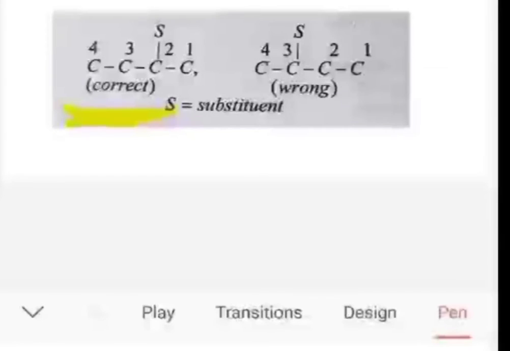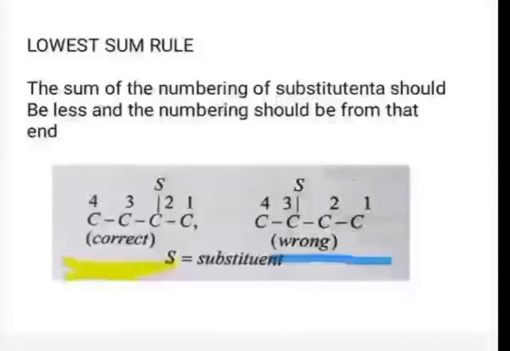Now observe this second one, you observe that the position of substituent is changed from third carbon atom to second carbon atom. Now I am given numbering again from right to left. Now what happened? The position of S is 3, which is greater. So if I given numbering from left to right, then this atom is given numbering 1, this one 2, this 3, and this one will be 4.